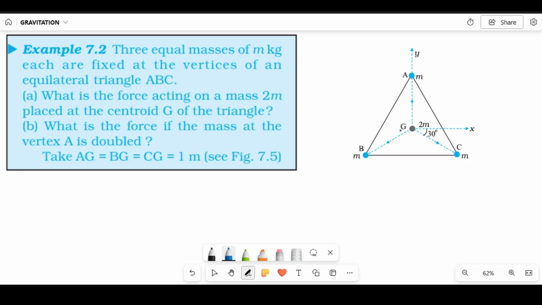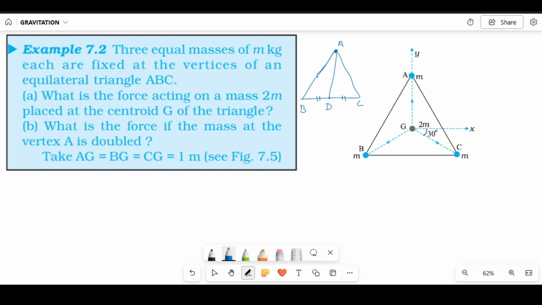Okay, so here is the point G, and this is the 2m mass which is placed, and the centroid is the point of intersection. Let's say this is the triangle and this is point A, and if we draw a line segment from here to the opposite side, and this intersects it into two equal parts, so this line AD is a median.